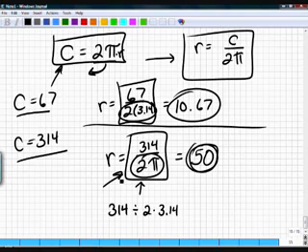But is that not the same thing as this? No. Because what are you dividing by 2 here? 314. Are you dividing that 314 also by 3.14? No. If you want to type it in like that, you've got to do 314 divided by all of that, not just part of it. You've got to put parentheses around it.